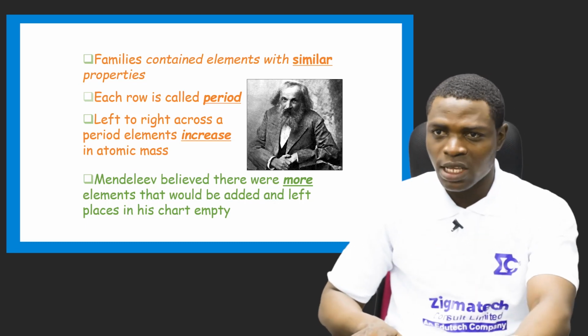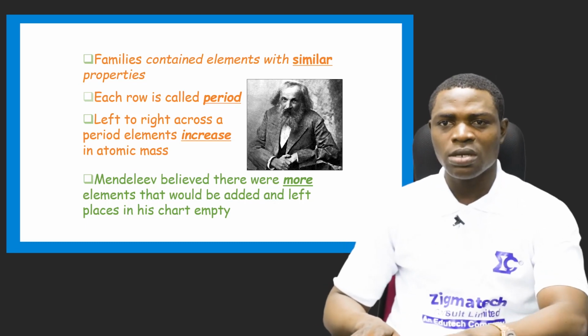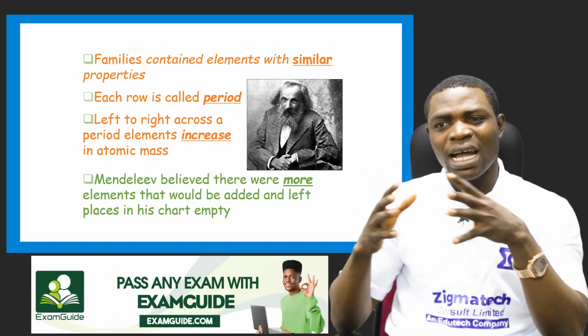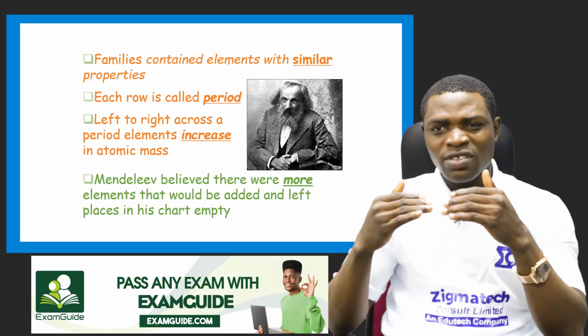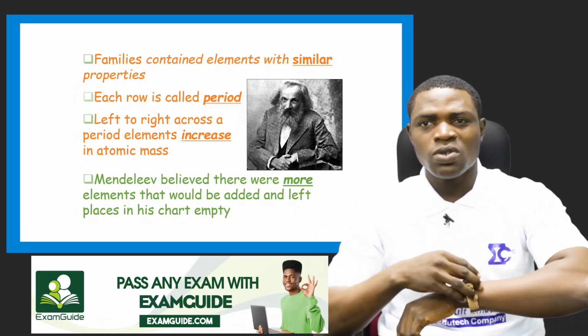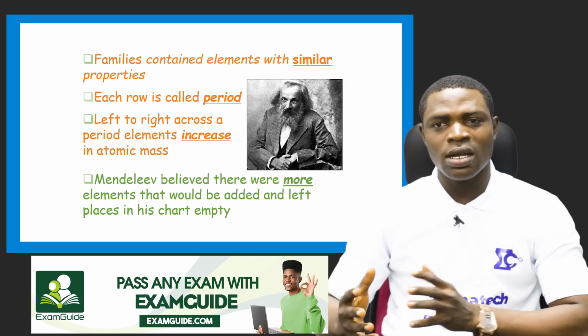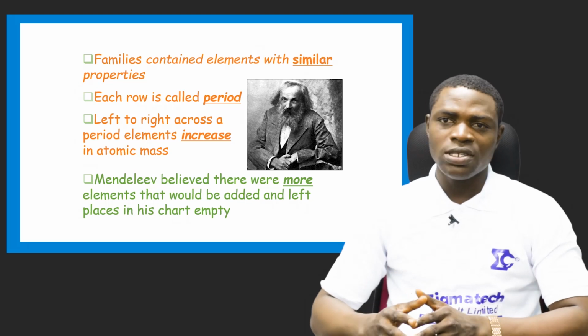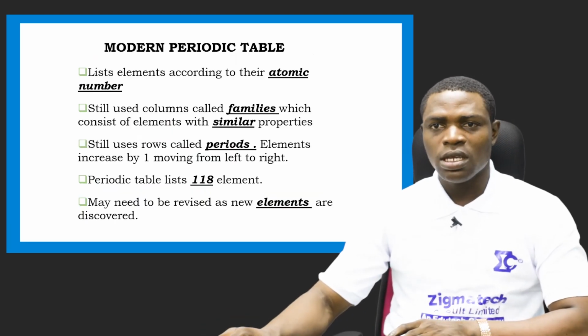That is the first 20 elements in the periodic table. Mendeleev believed that there were more elements that would be added, and he left a place for them in the chart so that subsequently, as we synthesize other elements or discover more elements, there is always a place to put them in the periodic table.